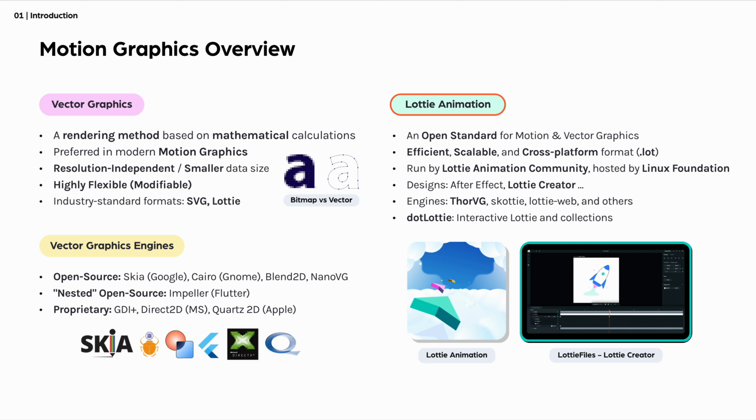But most of all, designers really love to use Lottie because it's so easy to use and functional and works well across different platforms, giving designers more freedom for expressing their motion design creativity.